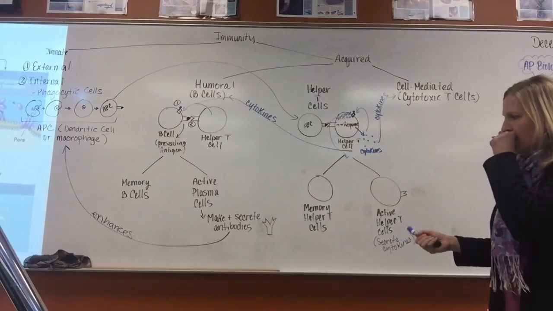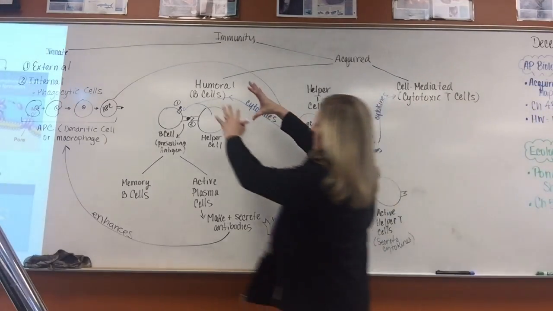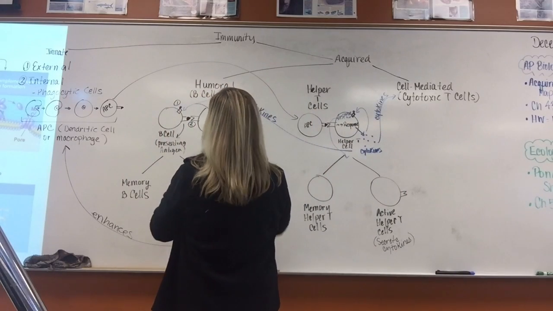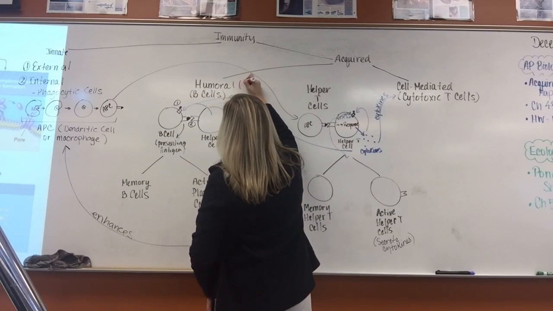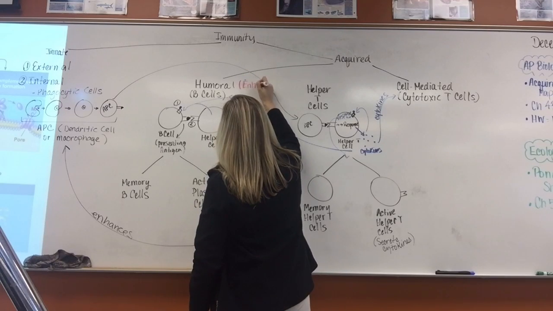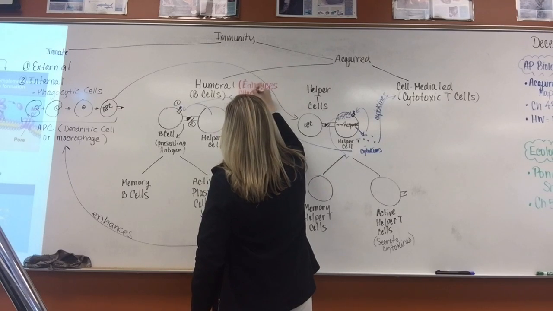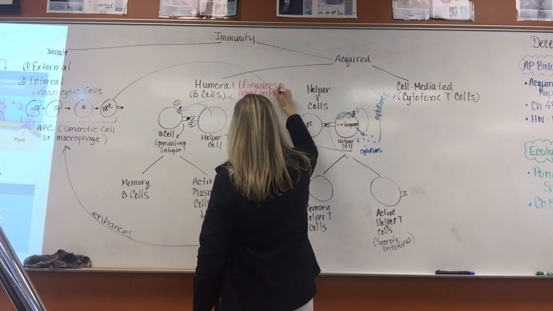And so, therefore, I'm going to put in red here, to stick out, the big picture of the humoral immunity. We could say it enhances the attack on the pathogens.